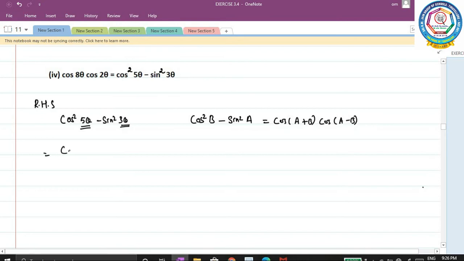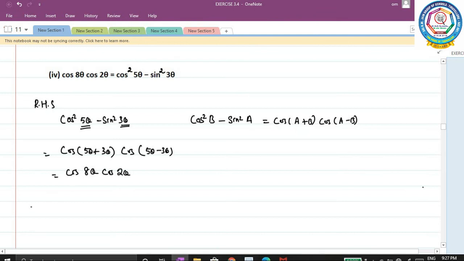That is equal to cos of A plus B, that is 5θ plus 3θ, then cos of A minus B, 5θ minus 3θ. That is equal to cos of 5θ plus 3θ, 8θ, then cos of 5θ minus 3θ, then cos 2θ.